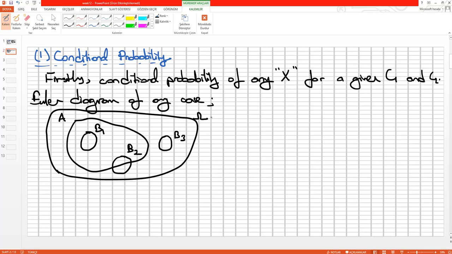And so if there is omega, then we can see that we may have an A feature, or the A process, or the B1 process, or the B2 process, or the B3 process, okay?